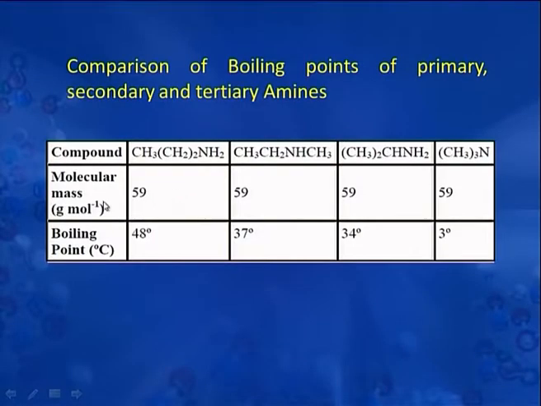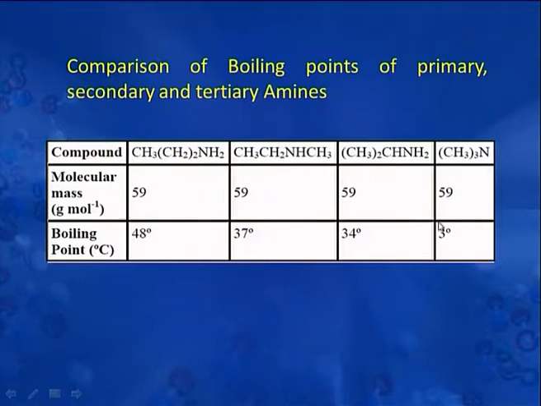Here, if we compare the boiling points, you can see this is normal propanamine, this is N-methyl ethanamine, this is isopropylamine and this is tertiary butylamine. Tertiary amine, secondary amine, and this is a primary amine.